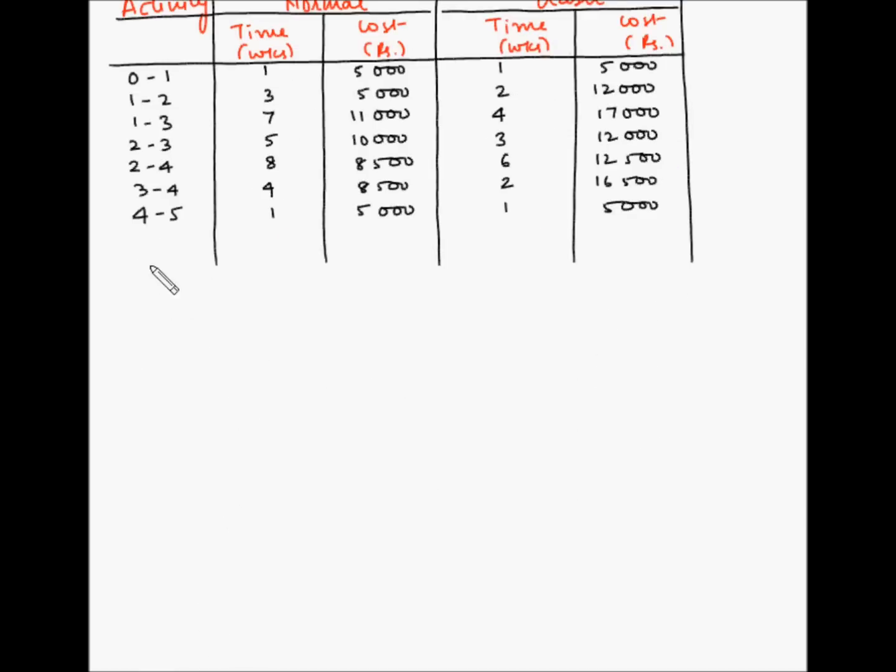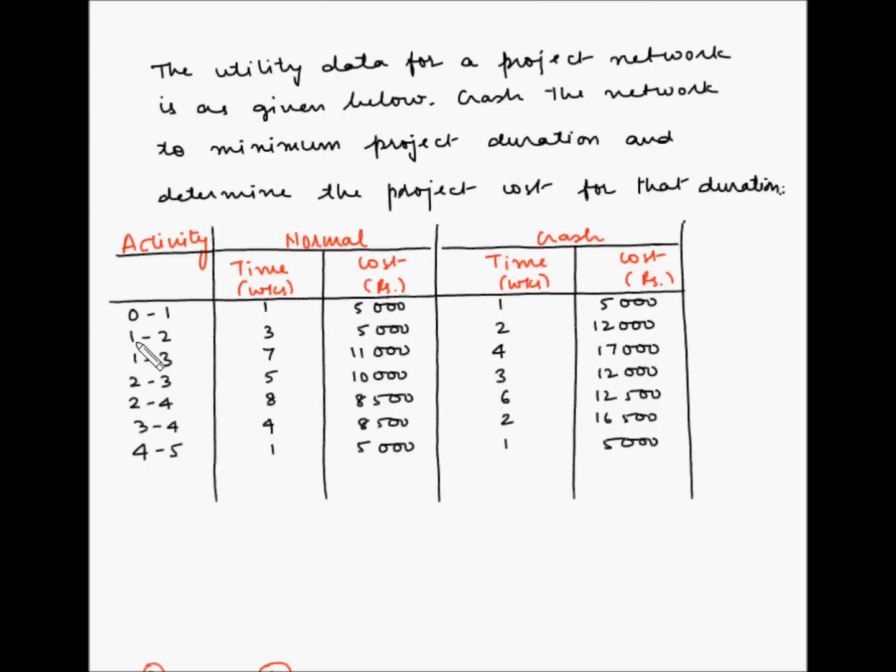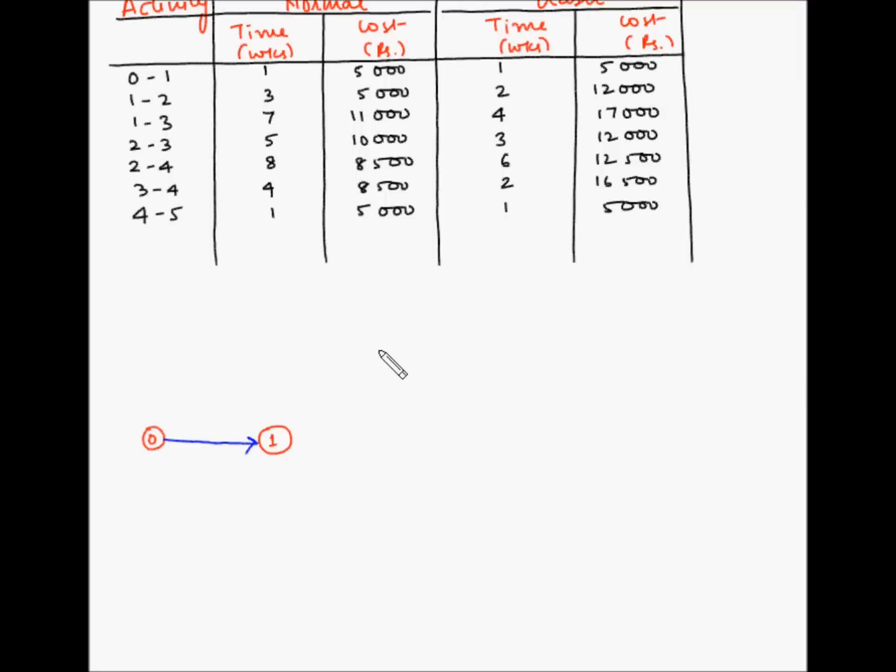So we have node 0 and 1. The first activity is from 0 to 1. So let's say this is 0 and this is 1, and this is the activity. Now the next are 1 2 and 1 3. So let's say this is 2 and this is 3.